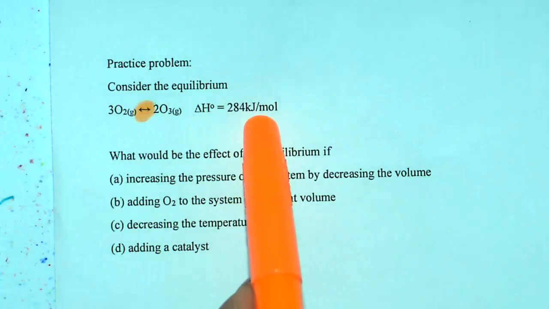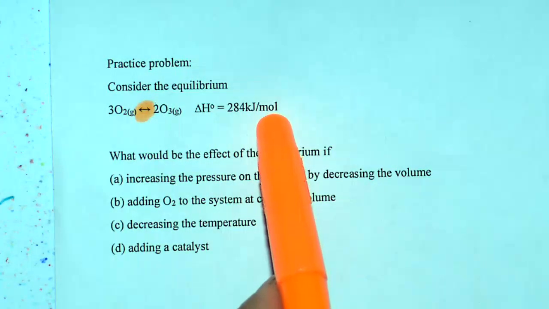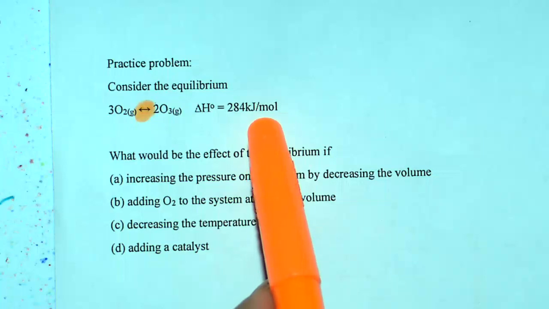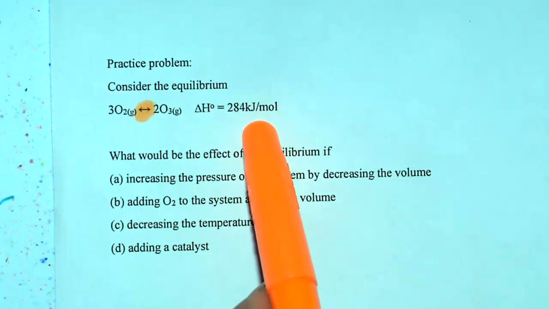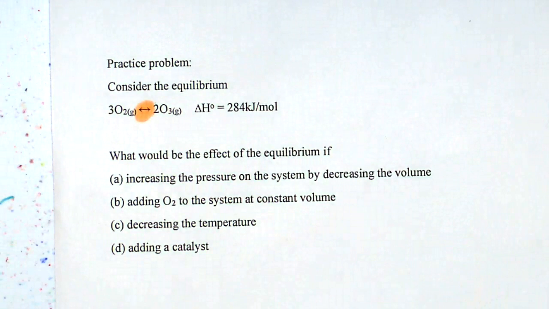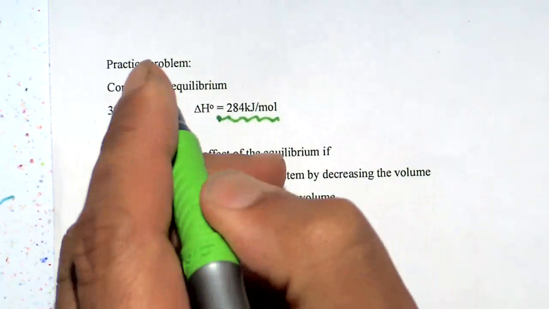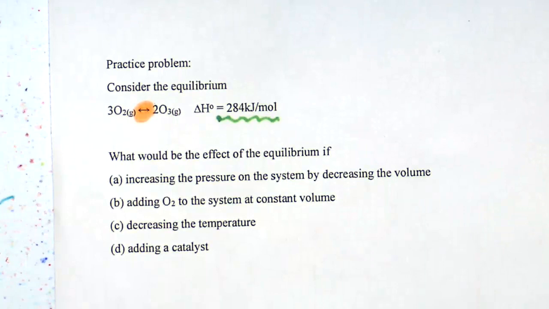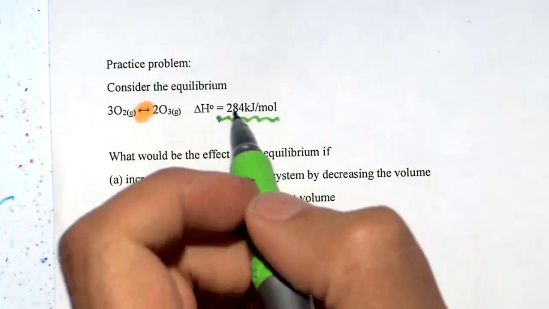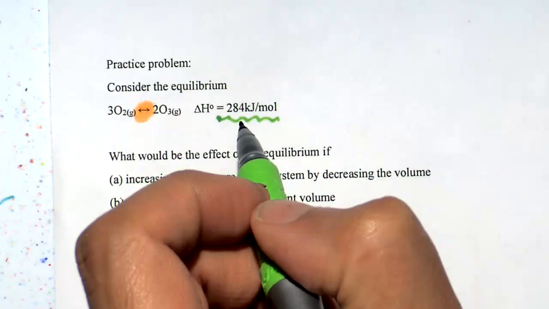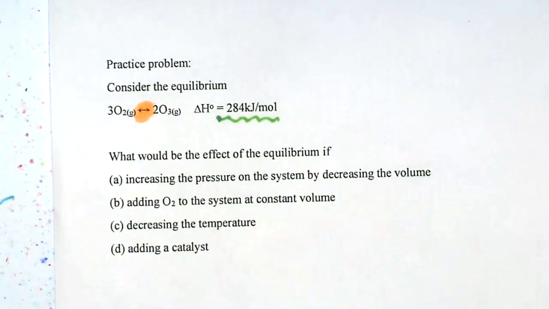And the delta H for this reaction is 284 kilojoules per mole. Immediately, you should see this value and ask yourself the question: is it positive or negative? Positive. So is that endothermic or exothermic?